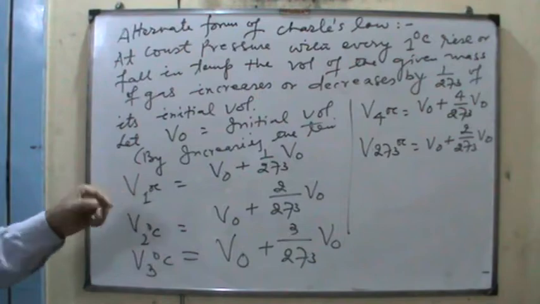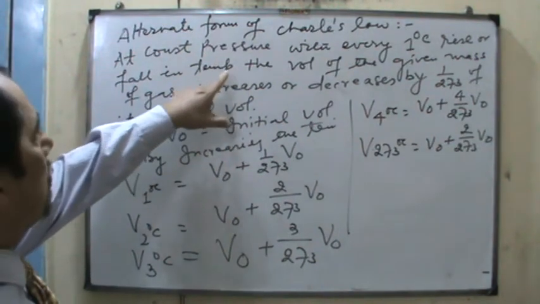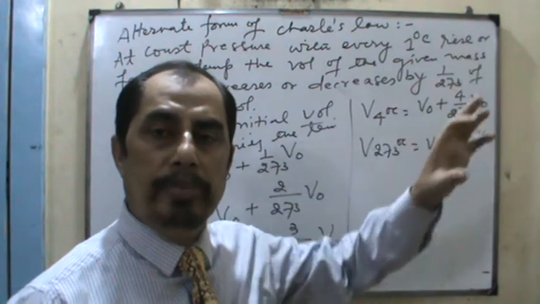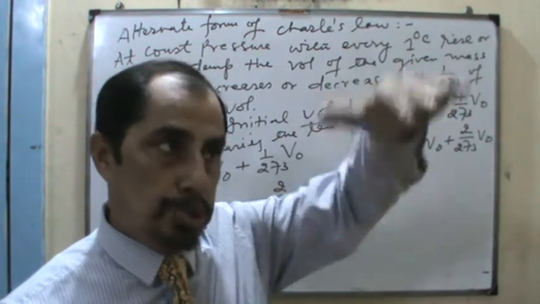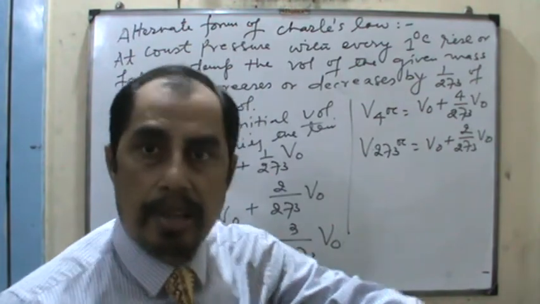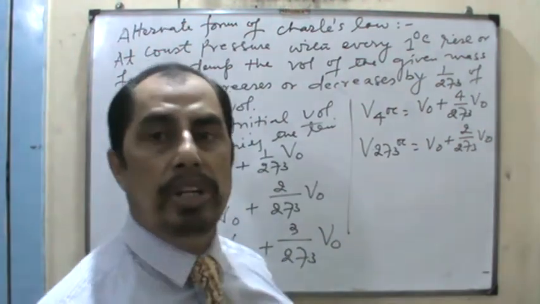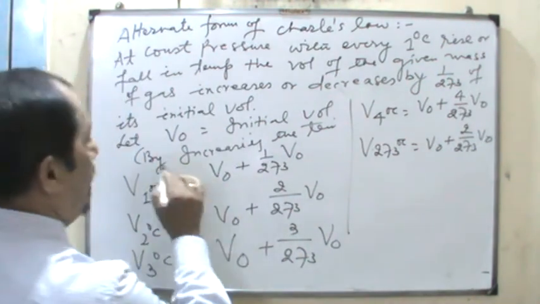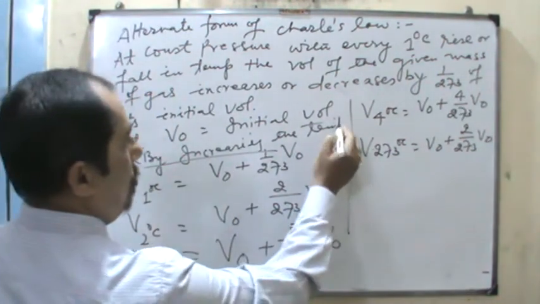So at constant pressure, with every 1 degree rise or fall in temperature, the volume of the given mass of gas increases or decreases by 1 upon 273 of its initial volume. This condition I have taken by increasing the temperature.